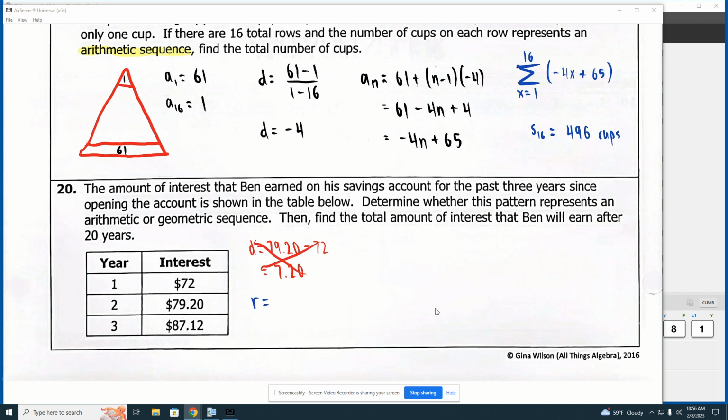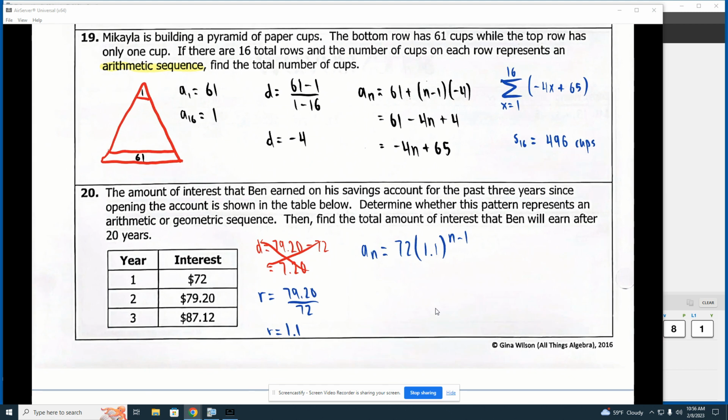So let's figure it out. 79.20 divided by 72. What do you get? Let's check that. What's 79.20 times 1.1? There it is. It's geometric. So, really easily, my equation is a sub 1, 72, times my common ratio, 1.1, raised to the n minus 1 power.